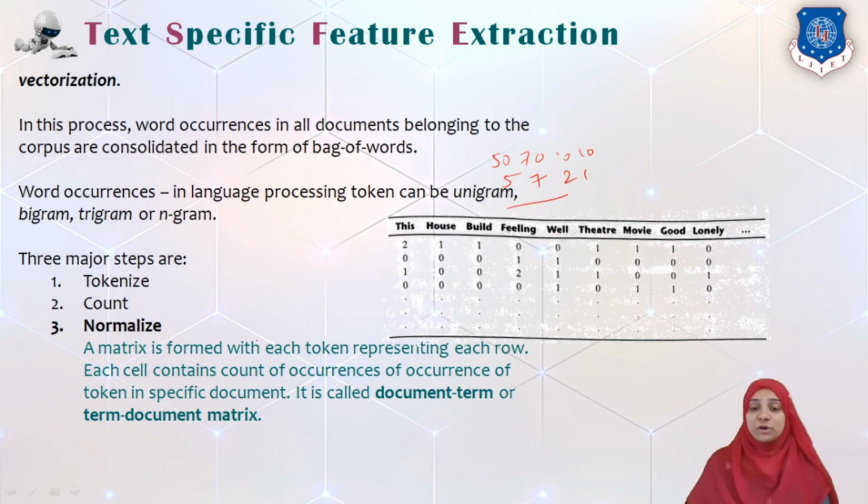So we will normalize to form a matrix where each token represents a particular row. As you can see, this house is built, their theater movie good and lonely. So this vector will be 2 1 1 0 0 1 1 1 1 0. This is what we call the document term or term document matrix. So the term document matrix is a normalized tokenized matrix.